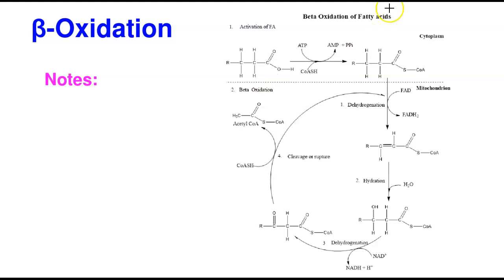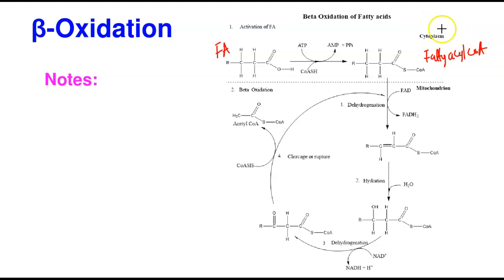Like I said, I've explained the first process. In the first process, the fatty acid, which I will write as FA, was activated. The fatty acid was converted to fatty acyl-CoA. The enzyme that does this, I told you, is fatty acyl-CoA synthetase.